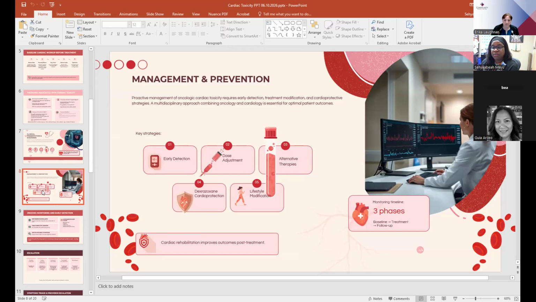So three phases: we're looking at the baseline of the patient, once that treatment starts, if that treatment can be dose adjusted, and then follow up with their treatment team.